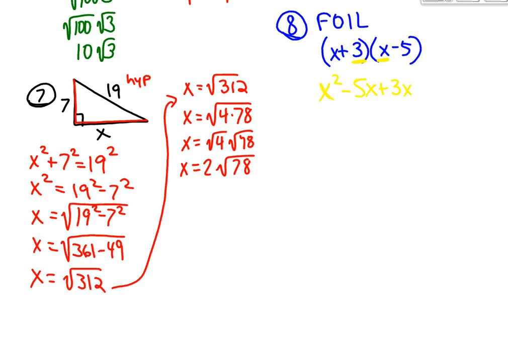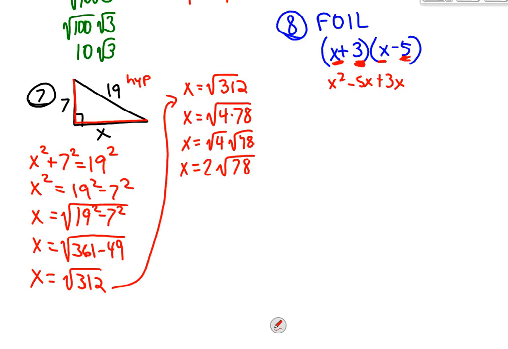Now I'm just going to write it in a color to kind of leave there. And I think one more. There we go. So first terms again are x squared. Outside terms are minus 5x. Inside terms are plus 3x.